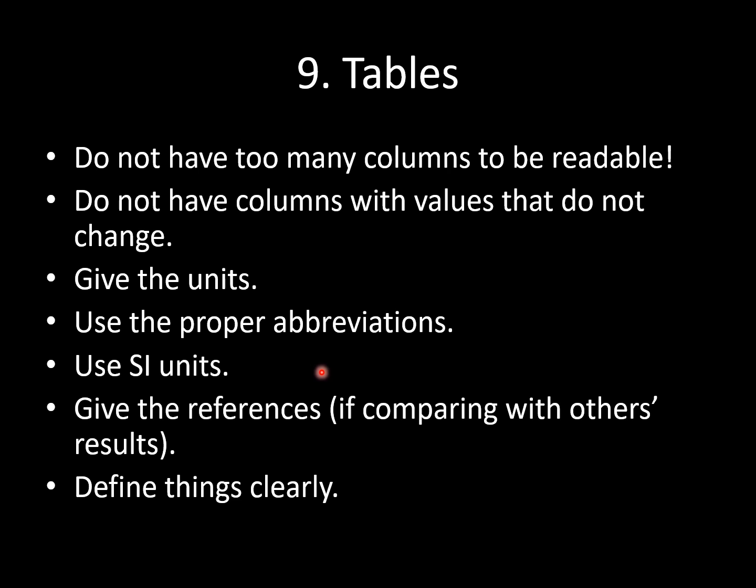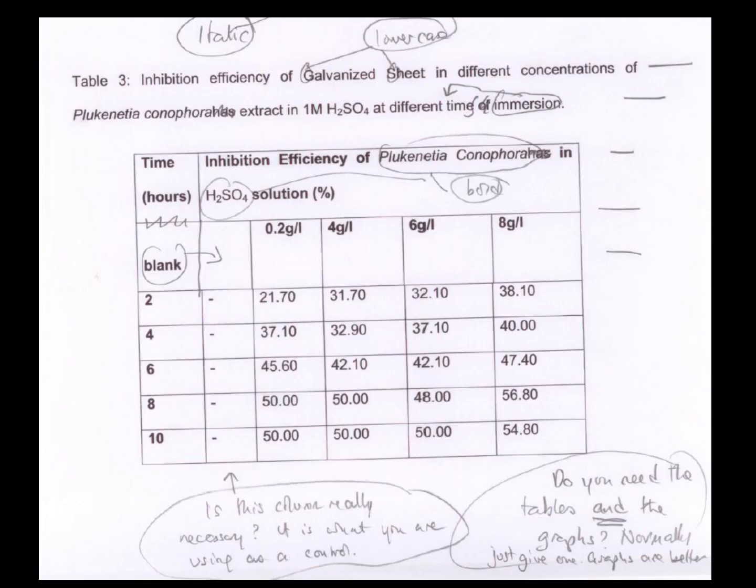There's a few things that you can get away with, and if you're comparing with others' results, give the references so the reader will know which is yours and which is others and where they can find those other results if they want to read more about them. And then always define things clearly. Remember, writing is about communication, and it's about being succinct and about being clear.